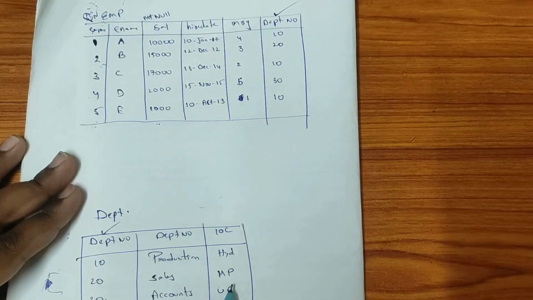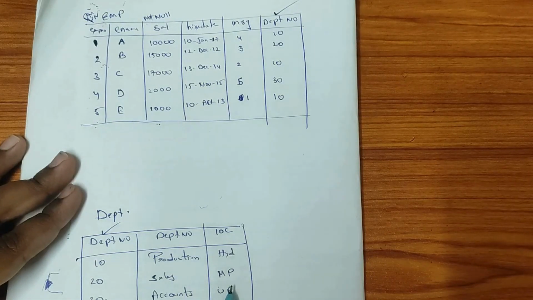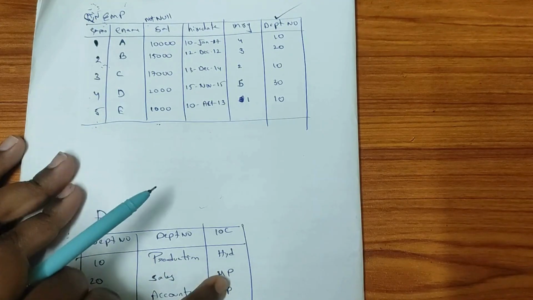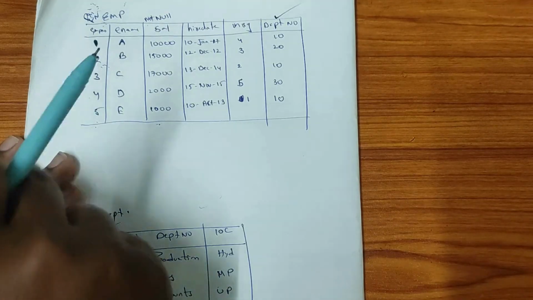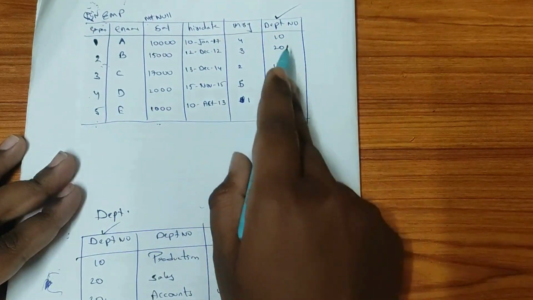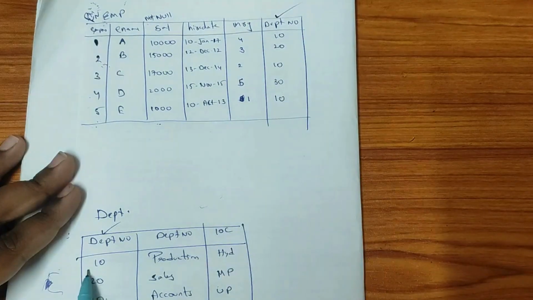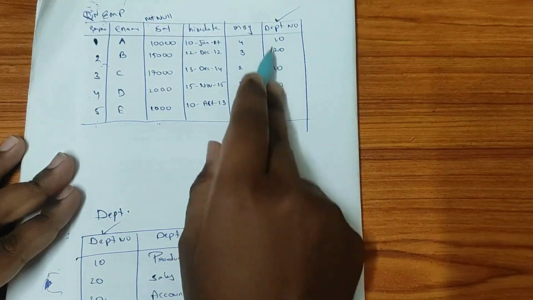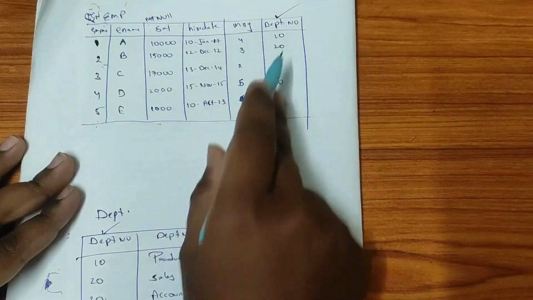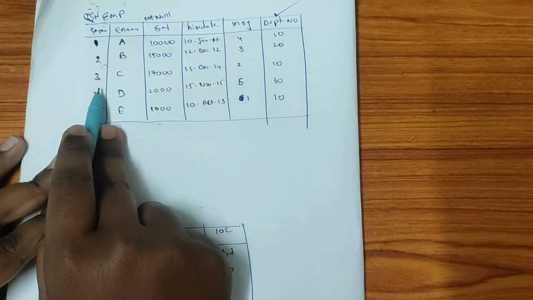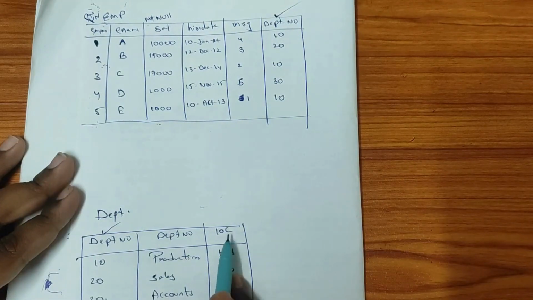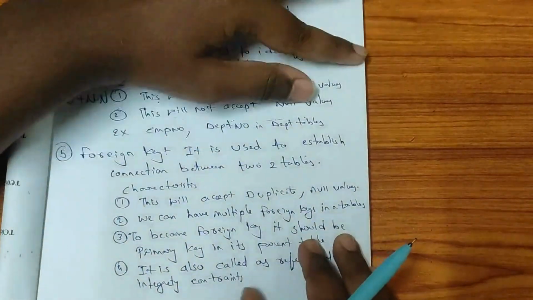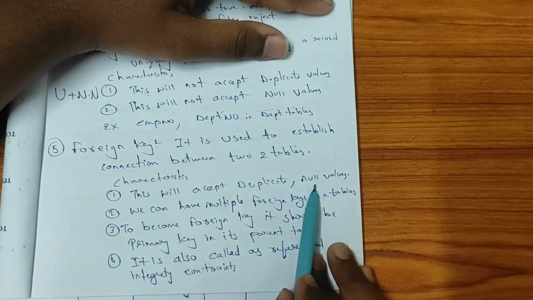Whenever we need to write a query to display the employee name who lives in Hyderabad, we have to join using the help of the department number, and then we can get Hyderabad, for the department number 10.